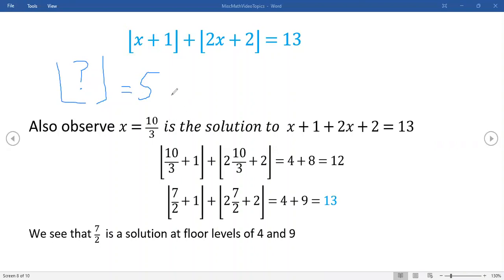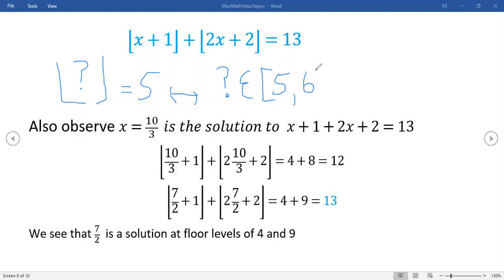Now, this means you can actually do if and only if on this. It actually has this meaning. For you to have a floor of 5, the expression, number, or whatever you want it to be, you have to be a proud member of this closed-open set from 5 inclusive to 6 not inclusive.